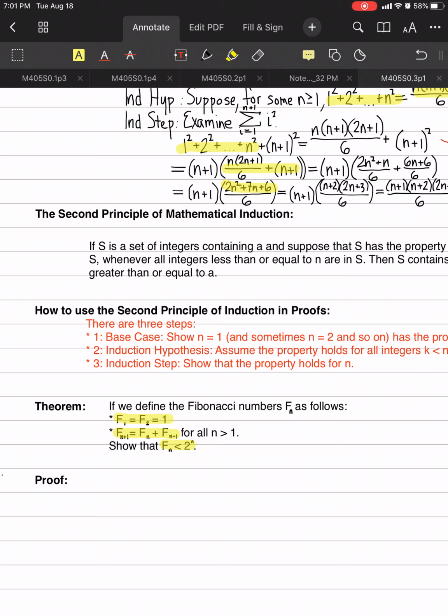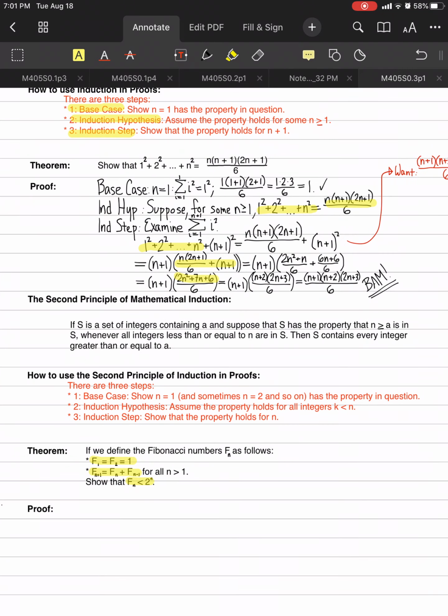So let me have you all pause the video again. Try to do this one. Remember, we want to do roughly the same steps. Show that n equals 1, and maybe more than that, depending, actually hold the property in question, and then use the induction hypothesis, essentially say that the property works for all integers k, and then show that f sub n is less than 2 to the n.